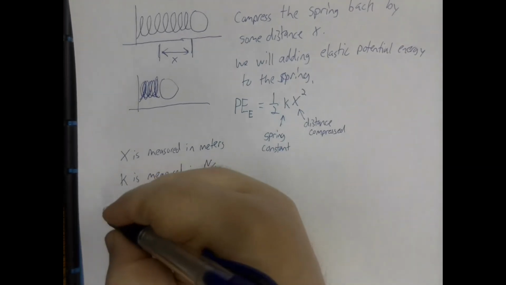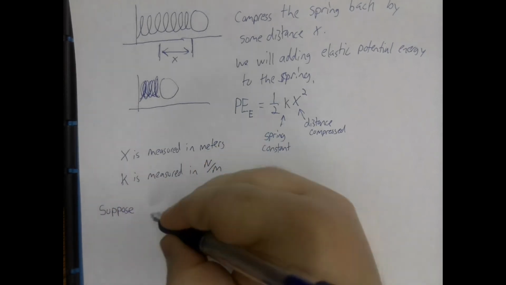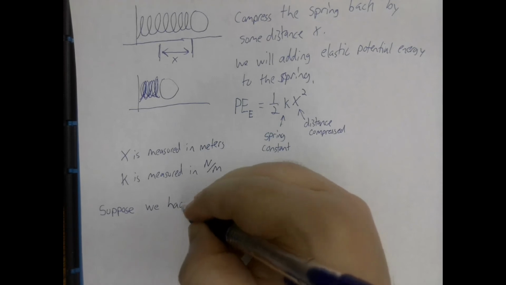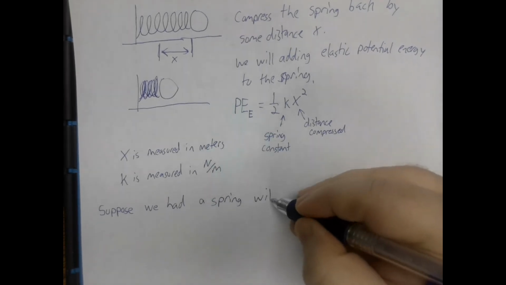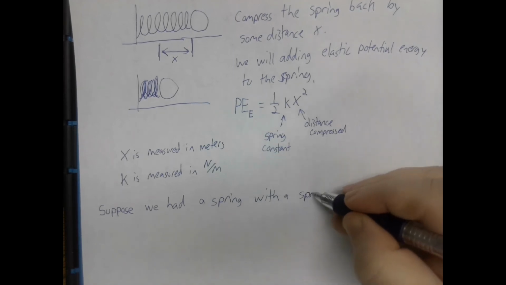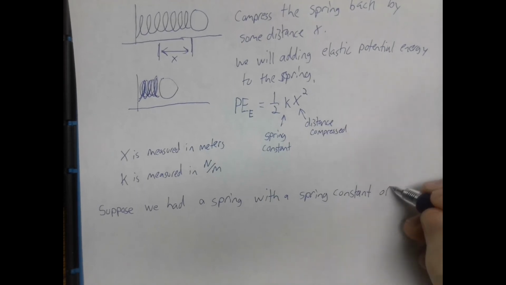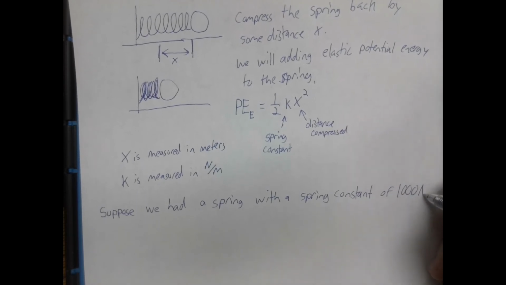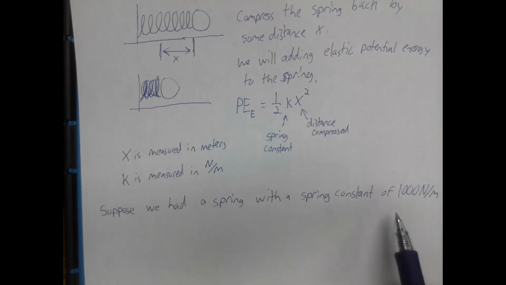So let's do an example. Suppose we had a spring with a spring constant of 1,000 newtons per meter. Usually the spring constant is going to be extremely large, because remember, this is a meter.